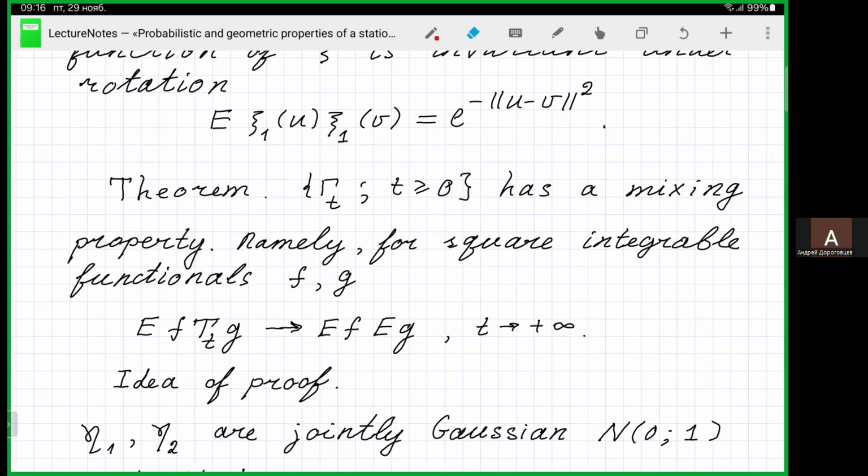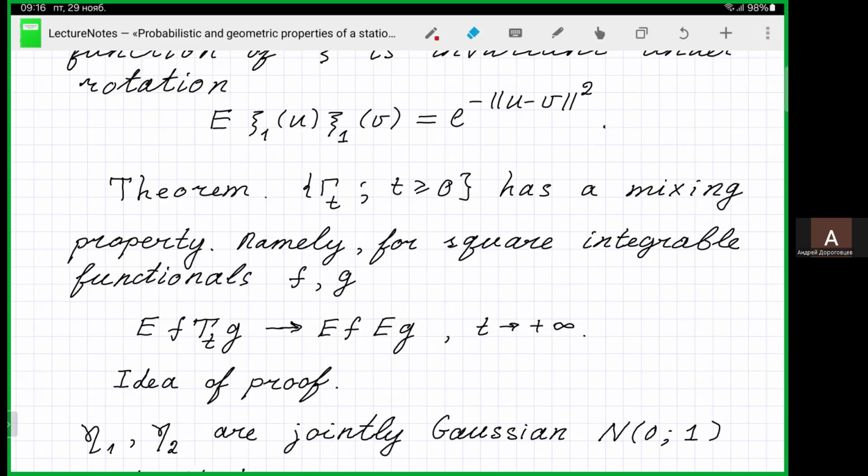Actually, the mixing property is a more general condition which guarantees the same. And we will use it as follows. We will say that our random knot gamma t has the mixing property.